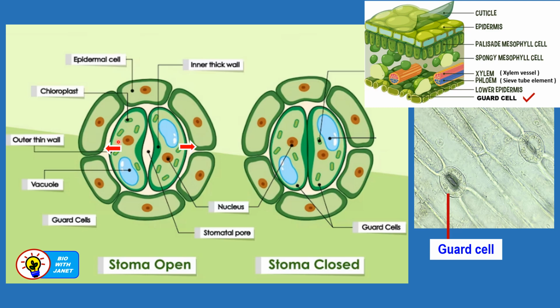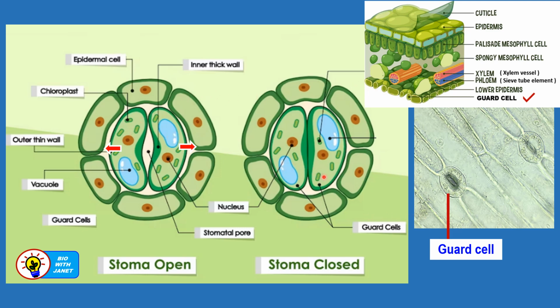Now, this diagram shows you an open stoma, and this one is a closed stoma, right? It's because the size of the stoma is controlled by the two guard cells, and how much the outer thin wall curves. If it curves more, then the stoma will open wider. It will curve more when there's more water inside the guard cells.